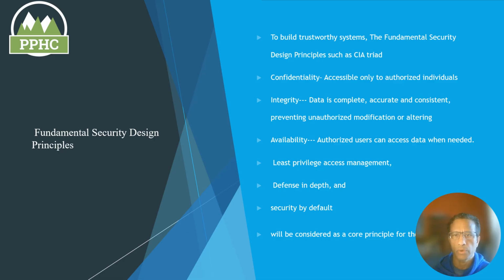Confidentiality: accessible only to authorized individuals. Integrity: data is complete, accurate, and consistent, preventing unauthorized modification or altering. Availability: authorized users can access data when needed. And least privilege access management, defense in depth, and security by default will be considered core principles of the PPHC.